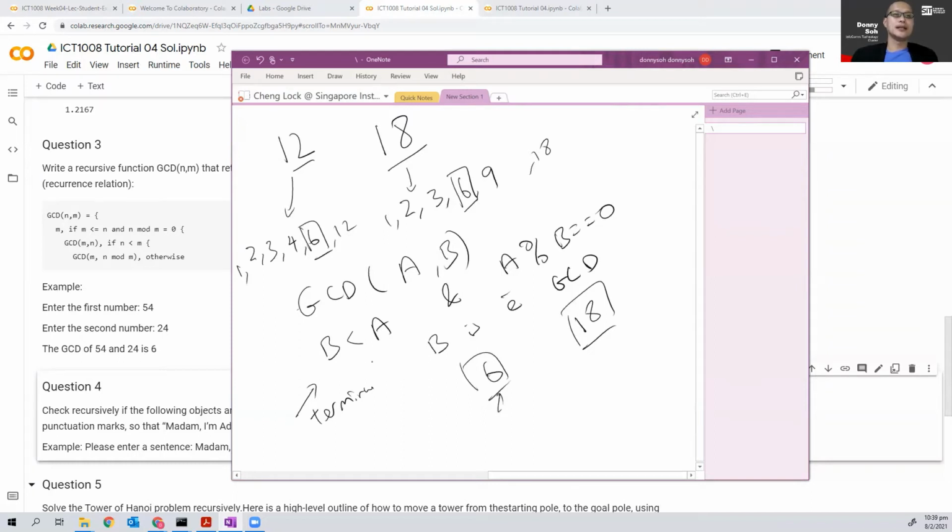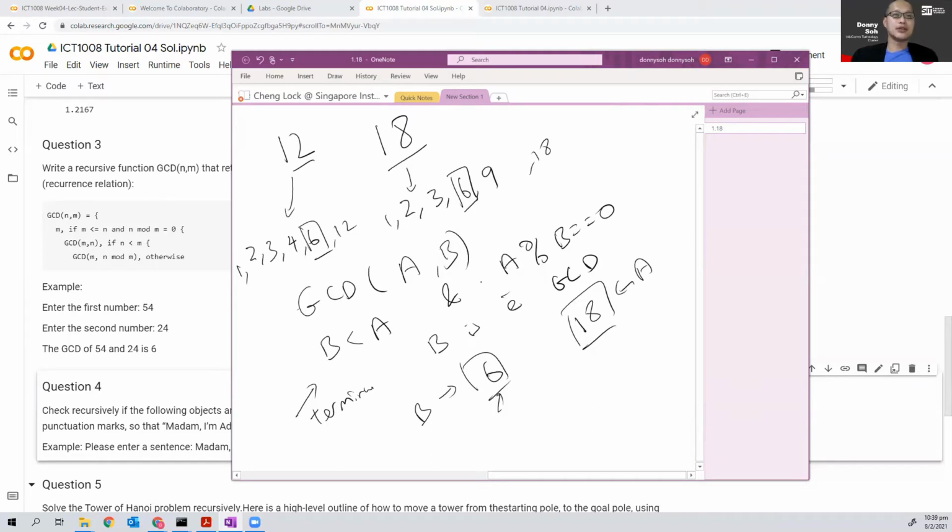Because let's say B takes the value of 6, A takes the value of 18. B, which is 6, is less than A, and A mod B, which is 18 mod 6, equals 0. So this is the terminating condition for finding the GCD of two numbers. So this is the first thing.